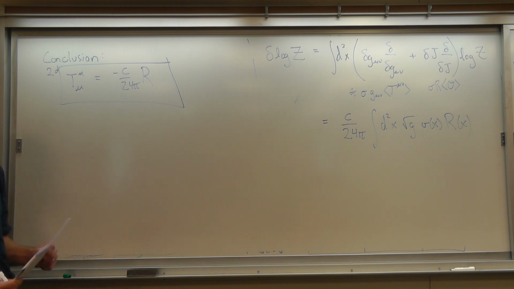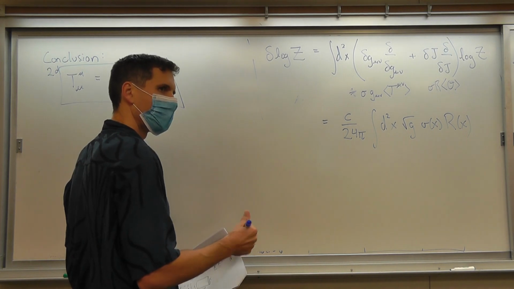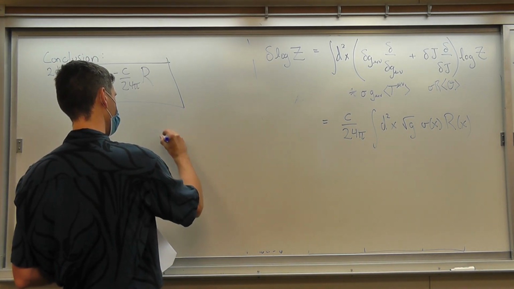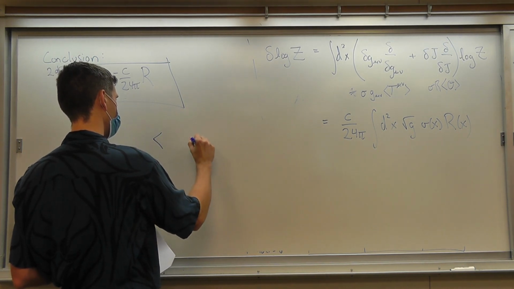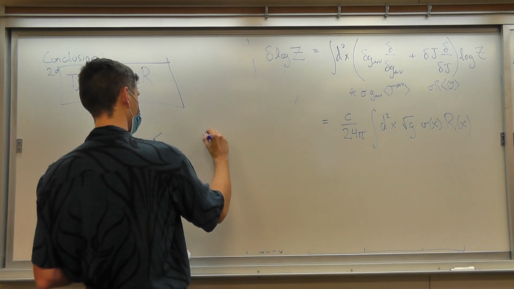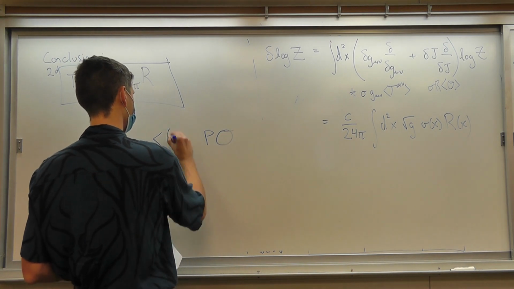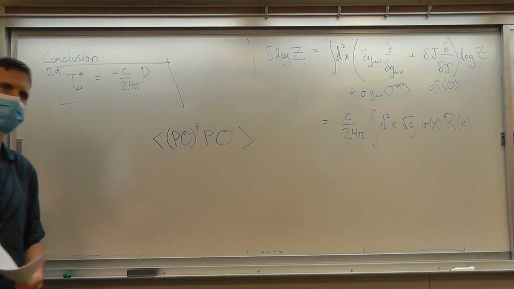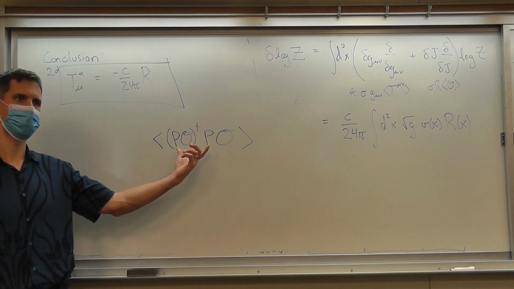The way you prove that, and I don't think I'm going to do this carefully, is by looking at things like this and evaluating this. So this is a descendant.